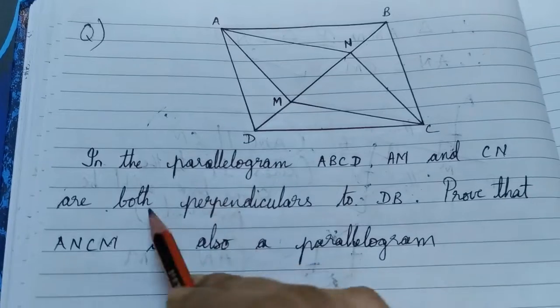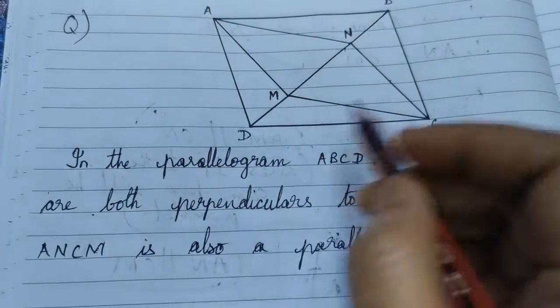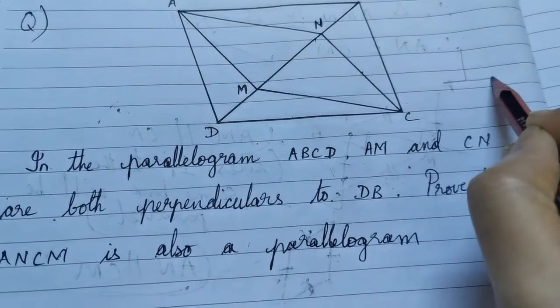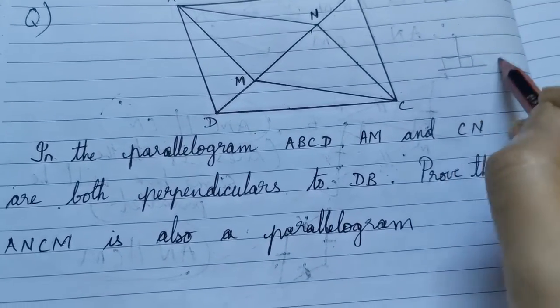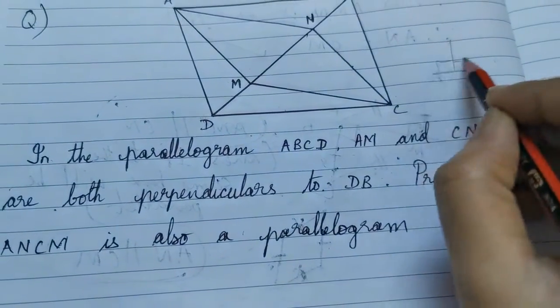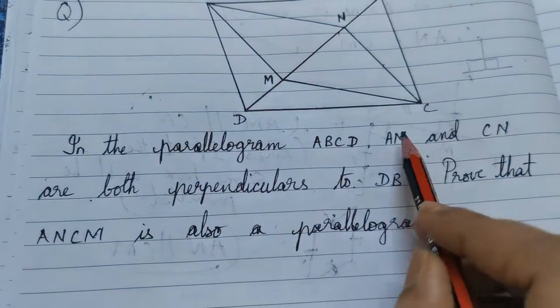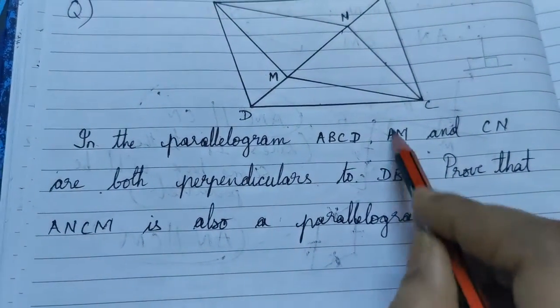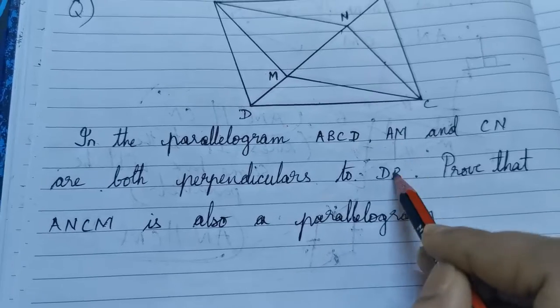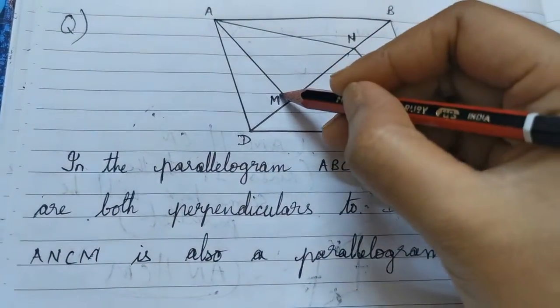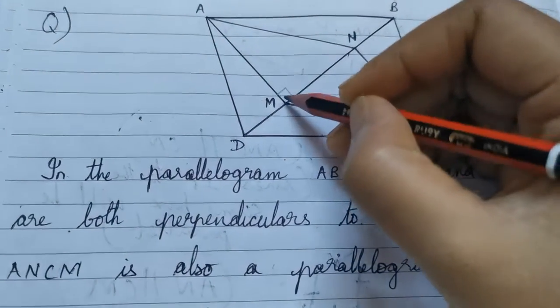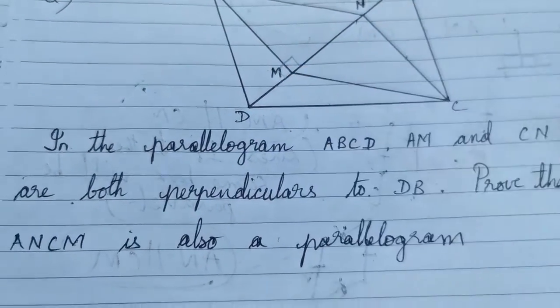So if AM and CN are perpendiculars to DB, if any two lines are perpendicular, the angle between those two lines, this side as well as this side, will be 90 degrees each. First let us relate AM and DB. AM is perpendicular to DB, so I have a 90 degree formed here and a 90 degree formed here.